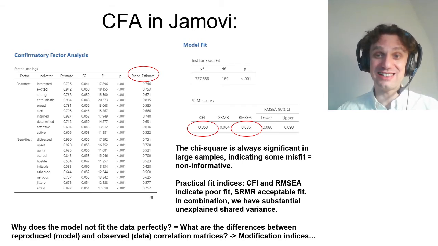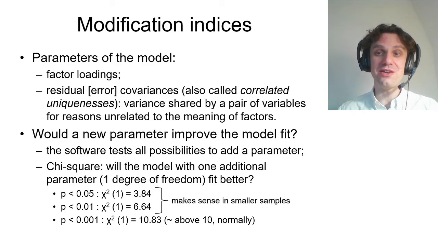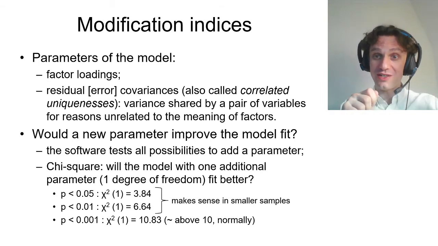And in order to understand what is missing in this model, we use modification indices. What are modification indices? Essentially, Jamovi or any other software package tries all possibilities of adding one parameter to your model. So what would happen if I add one factor loading?